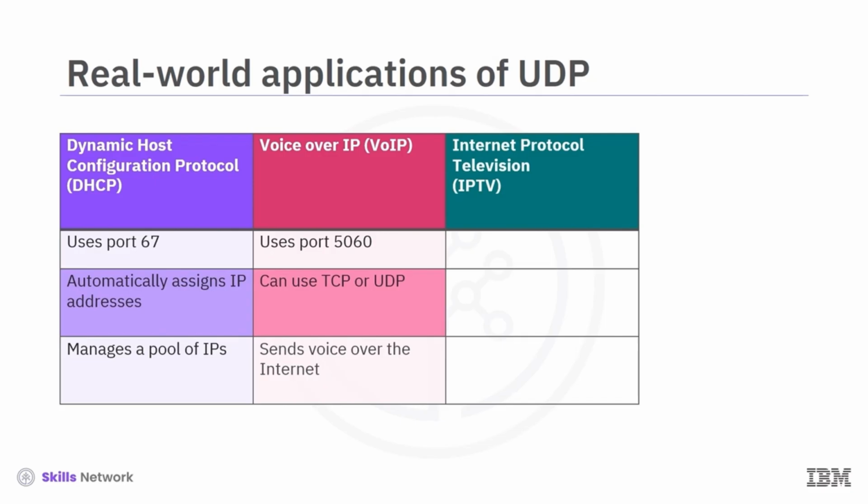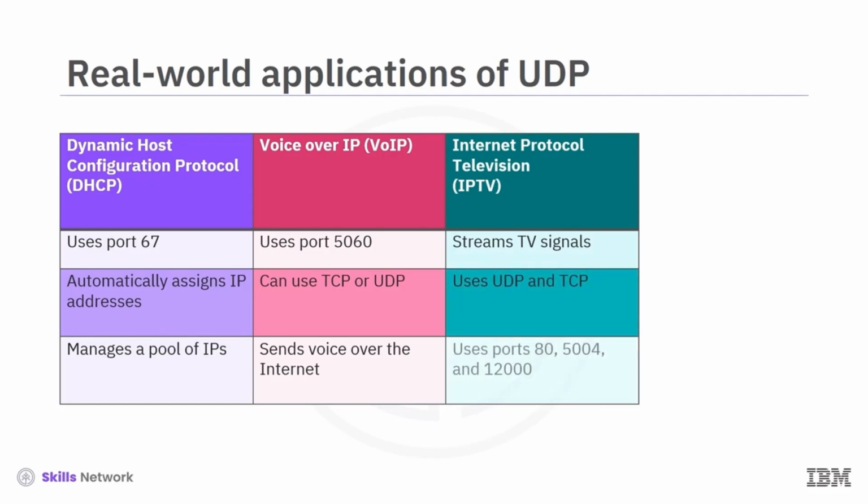IPTV, or Internet Protocol Television, streams TV signals. IPTV uses both UDP and TCP and ports 80, 5004, and 12,000, depending upon which service is in use and whether the traffic is inbound or outbound. These protocols take advantage of UDP because its transmission speed and dropped packets do not affect overall data outcomes.